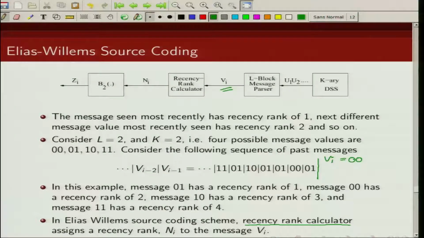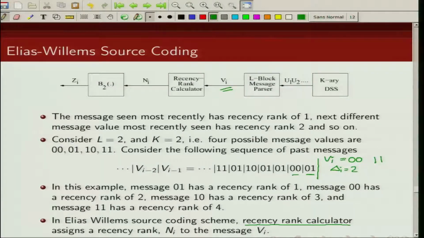So, we have to go back in the past and see when did 0, 0 occur. So, you can see this is Vi minus 1, Vi minus 2. So, this is delta corresponding to 2. So, delta I in this case will be 2. Now, if you consider 1, 1. So, when did 1, 1 occur in the past?